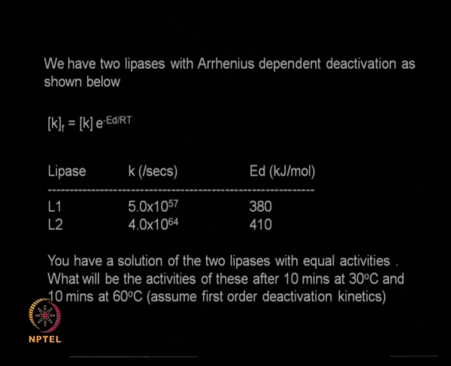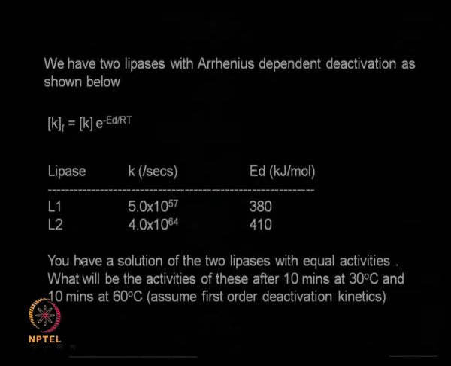So we have 2 lipases and the deactivation activation energies are given like this, Ed in kilojoule per mole, for lipase 1 it is 380, for lipase 2 it is 410, and the rate constant is given like this in per second, 5 into 10 power 57 per second, 4 into 10 power 64 per second, okay.